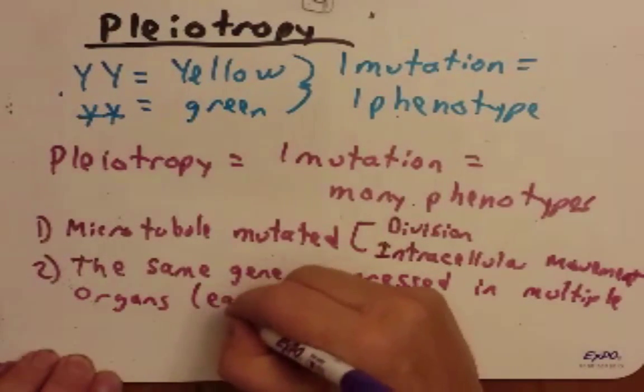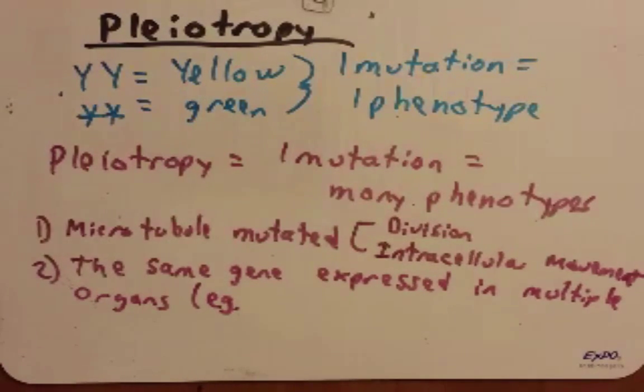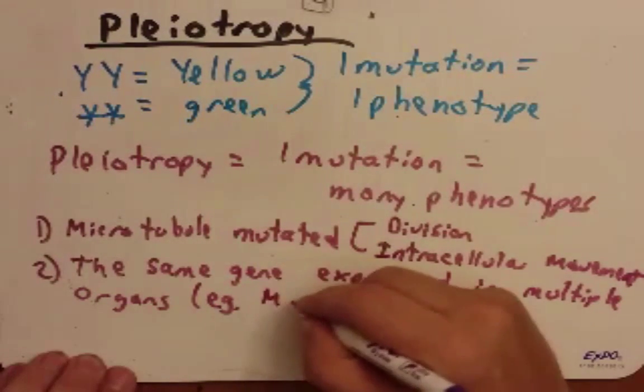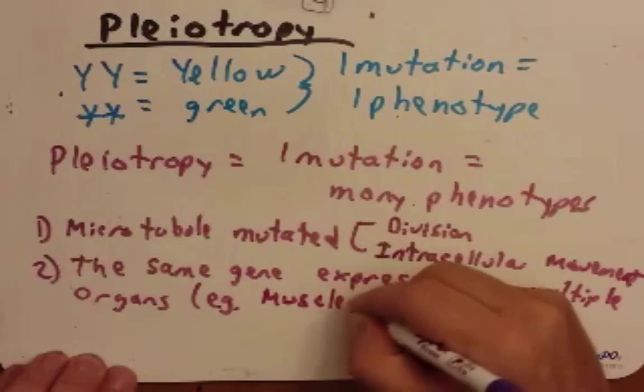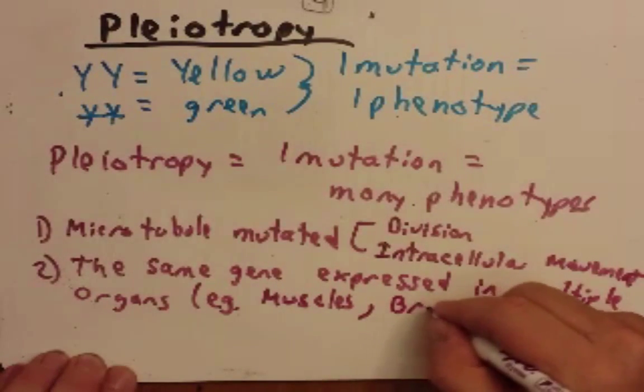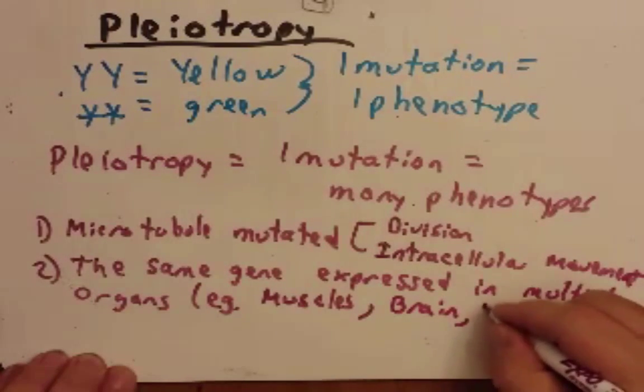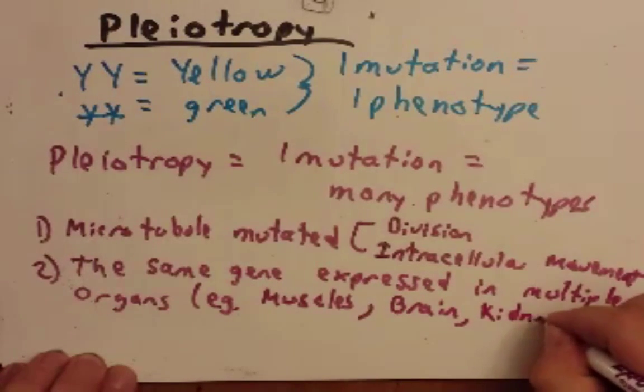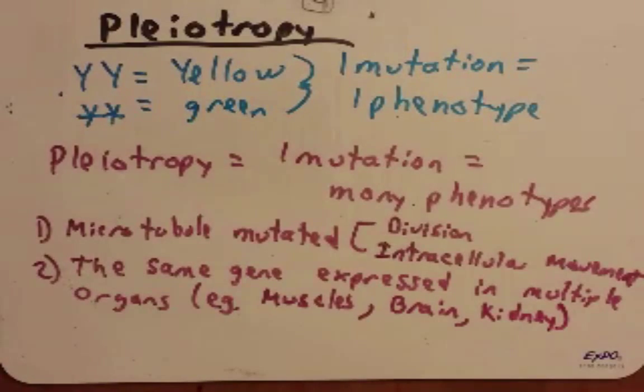So as an example, you may have a gene that's expressed in muscles. The same gene is also expressed in the brain, maybe also in the kidney. Well, these tissues and organs are very different, so lacking this gene in each of these is going to give you a different phenotype. Being a multicellular organism sometimes creates unique problems.